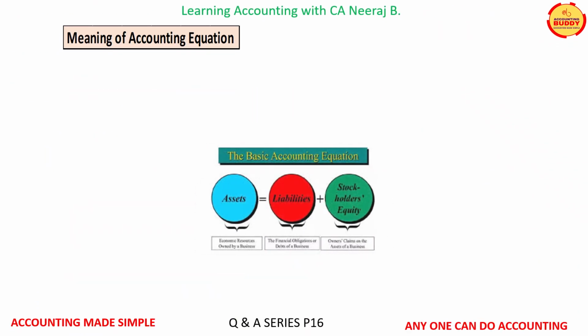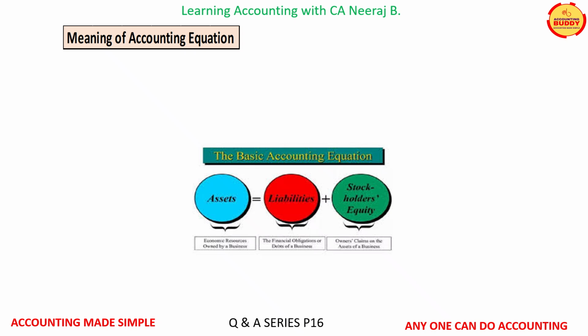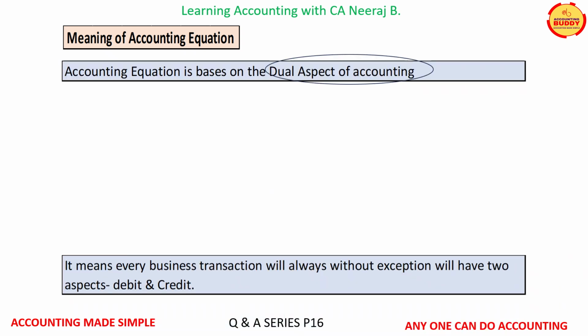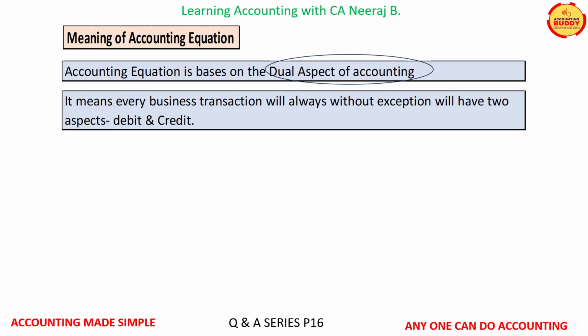The accounting equation is a fundamental principle in accounting that expresses the relationship between assets, liabilities, and equity of a company. The principle of the accounting equation is based on the dual aspect of accounting, which means that every business transaction will always have two aspects, debit and credit.